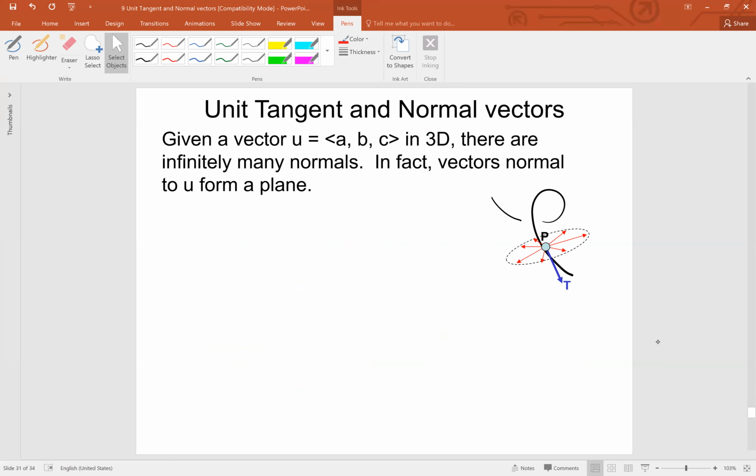In three dimensions, when we calculate the unit tangent and take its derivative, we get a normal vector which is perpendicular to the unit tangent. But in three-space, there are infinitely many normal vectors.